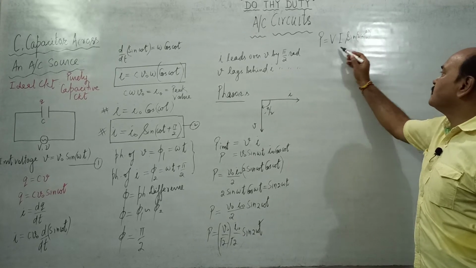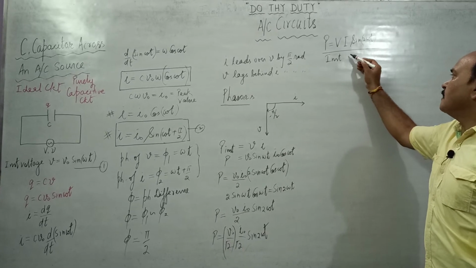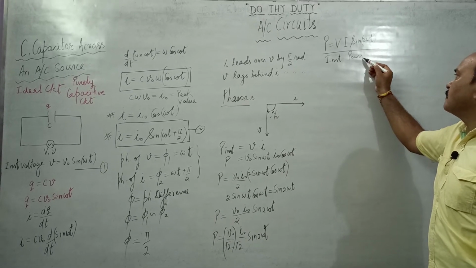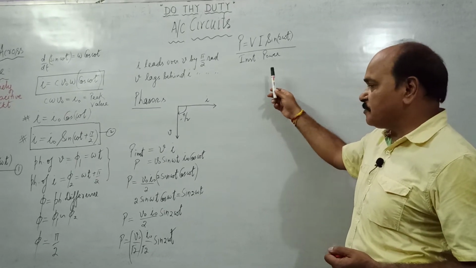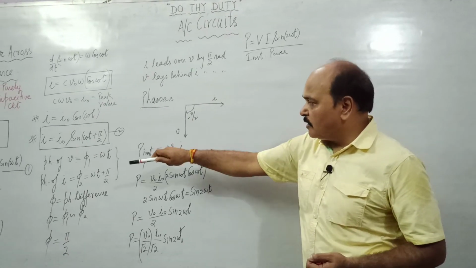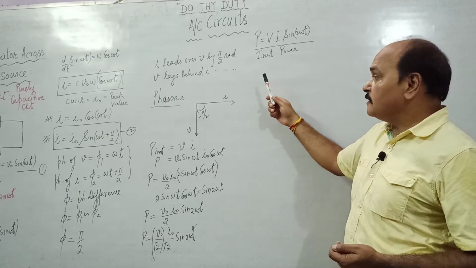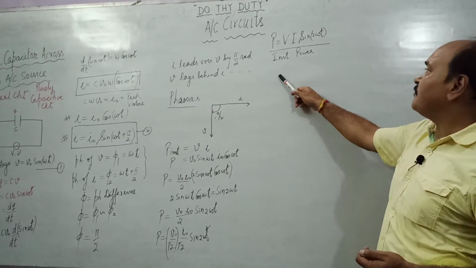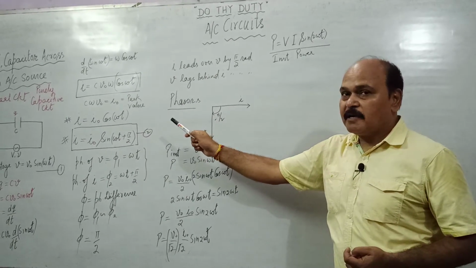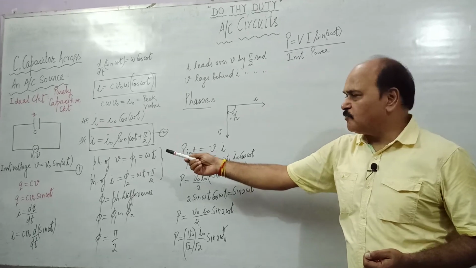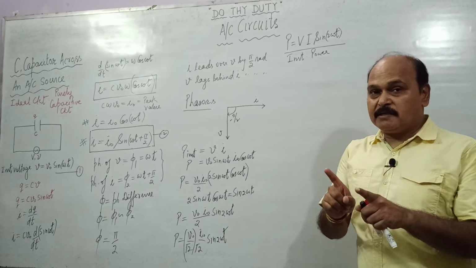Now what is obvious from this result of instantaneous power? One thing that can be noticed with regard to the expressions of instantaneous voltage, current and power is that the frequency of power is twice the frequency of current as well as voltage. The instantaneous value of voltage is V naught sine of omega t.